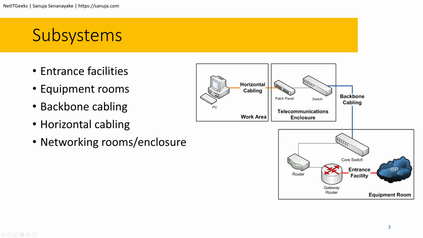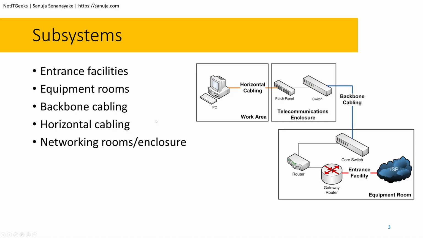That's where the horizontal cabling comes into play. In this course, I will focus a little more heavily on the horizontal cabling aspects of structured cabling subsystems, because that's where most IT technicians like yourself would be working.